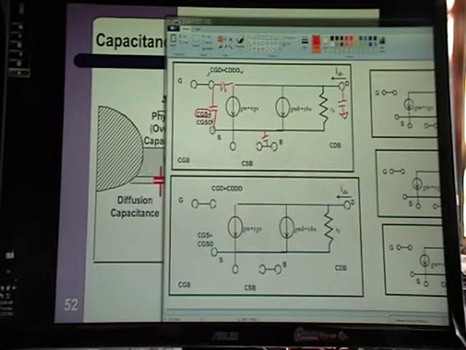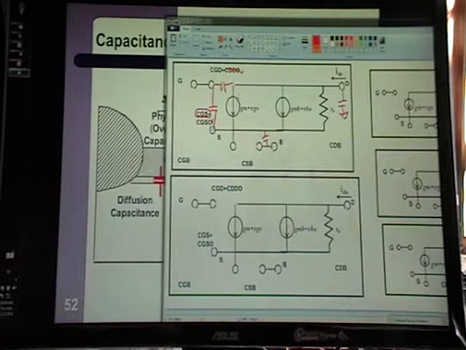Remember, it's coupling to electrons in the channel, but since those electrons are leaning towards the source, that's considered gate source capacitance. And this right here we don't see because we are working in the forward active region where there is no gate drain overlap.